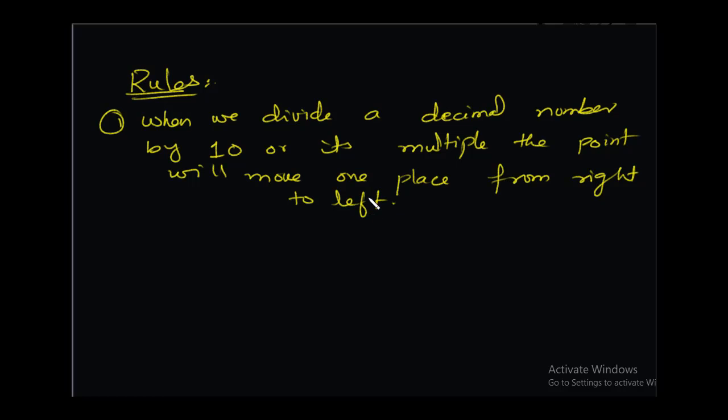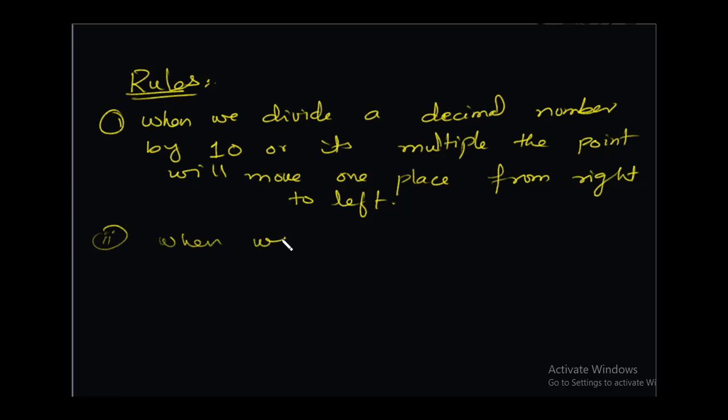In our multiplication, we discussed that whenever we multiply any decimal number by 10 or its multiple, the point moves from left to right. While in a division, when we divide any number by 10 or its multiple, the point will move one place from right to left. And the same is the case for hundred.